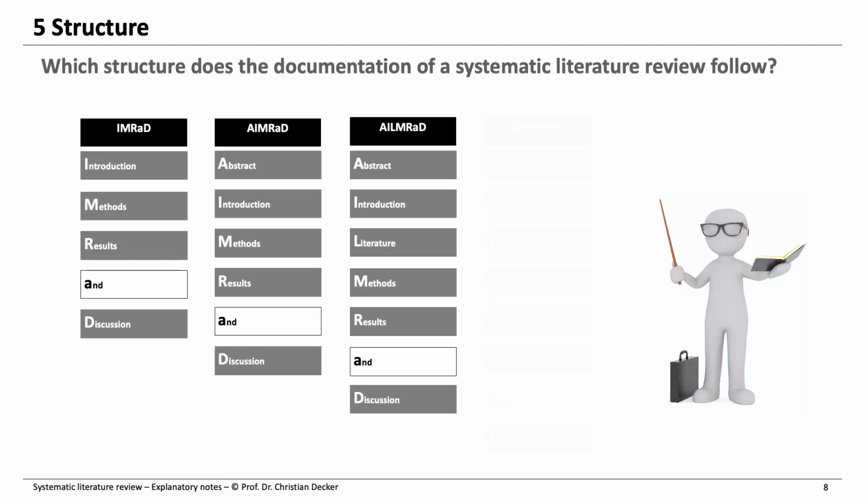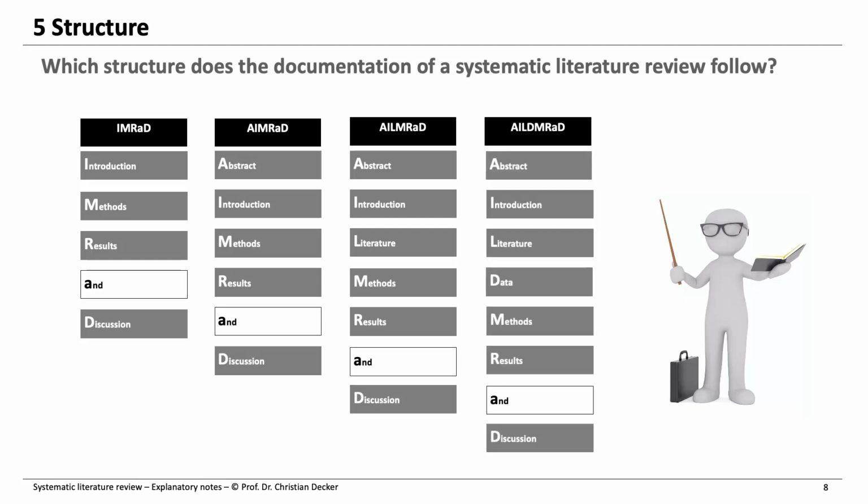AILMRAD is a further variation establishing a chapter entitled Literature or Literature Review related to the research problem. AILDMRAD is a variation that incorporates an additional chapter, Data. Please note that this is not a comprehensive list. There are more combinations derived from the basic IMRAD approach.